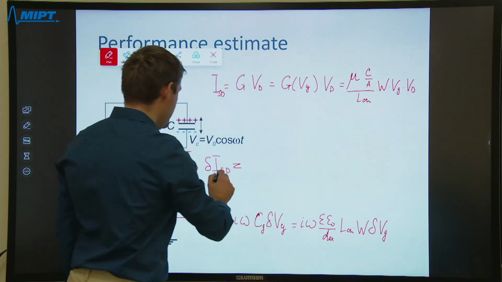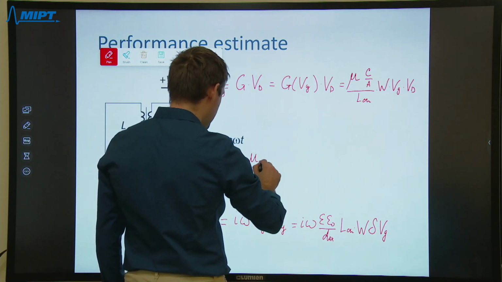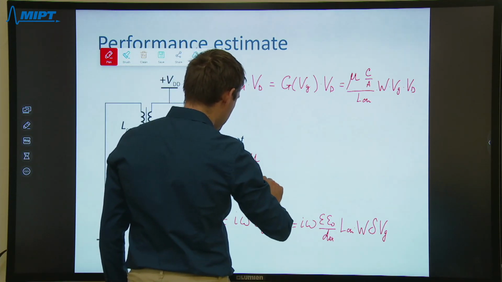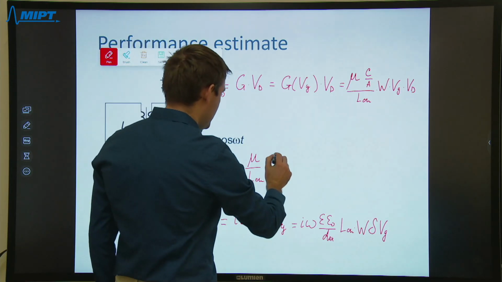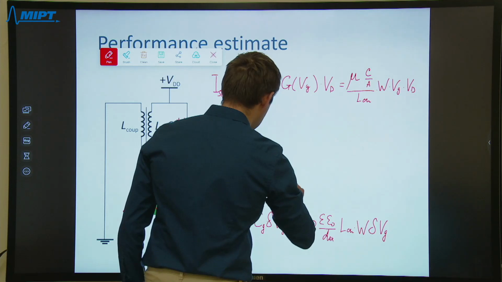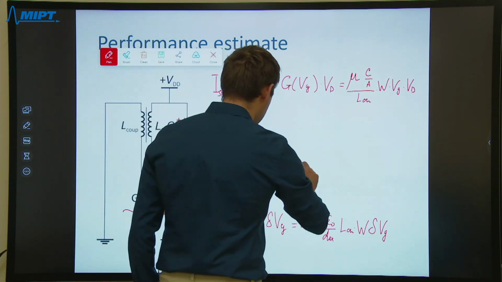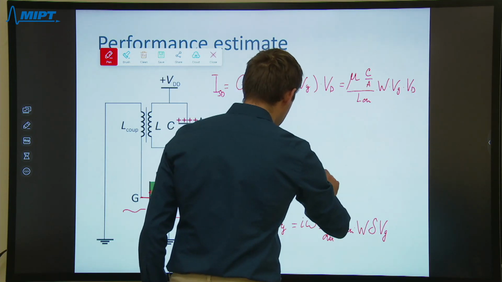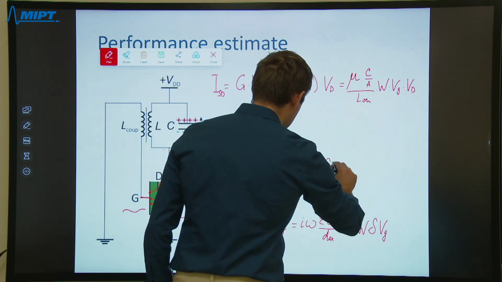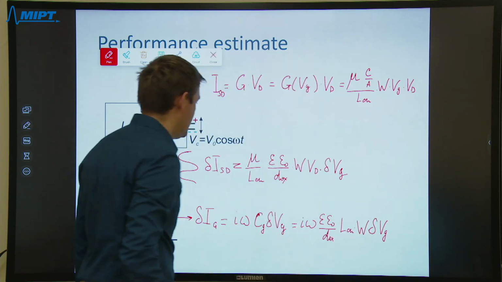Taking the variation of this expression, we get mobility divided by channel length multiplied by epsilon epsilon 0 per oxide thickness multiplied by the width multiplied by the drain voltage and multiplied by small variation of gate voltage.